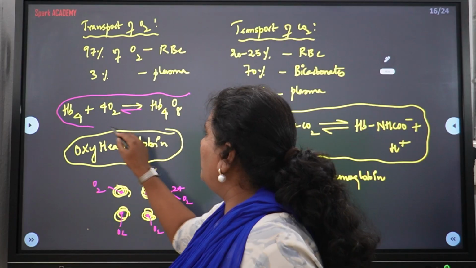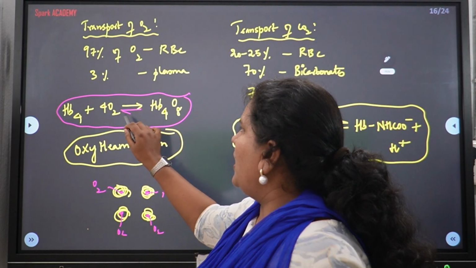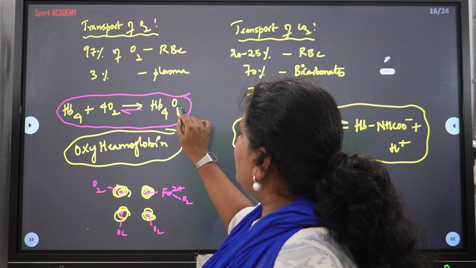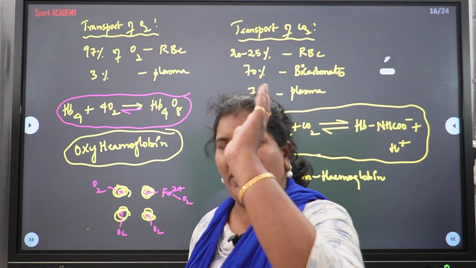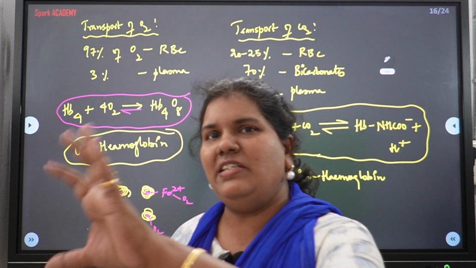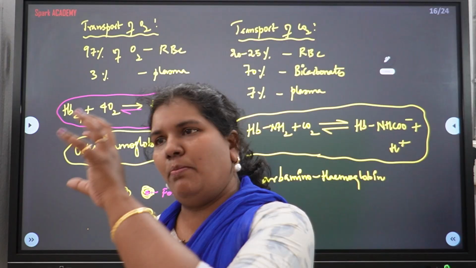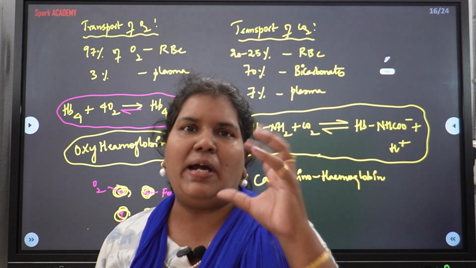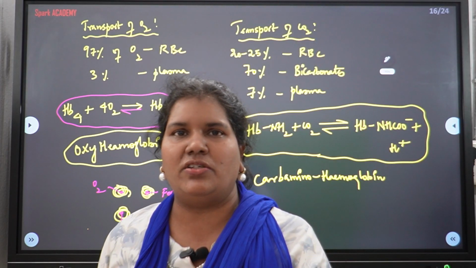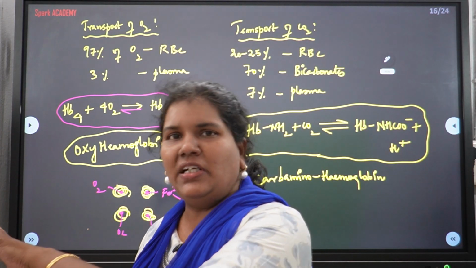This binding takes place at the alveoli region, and then it reaches the tissue, and then this oxyhemoglobin immediately breaks down to release oxygen. So the binding of oxygen to hemoglobin and the breaking of oxyhemoglobin, these are reversible reactions. Where does the binding happen? In the alveoli. Where does the breaking or dissociation happen? In the tissues.